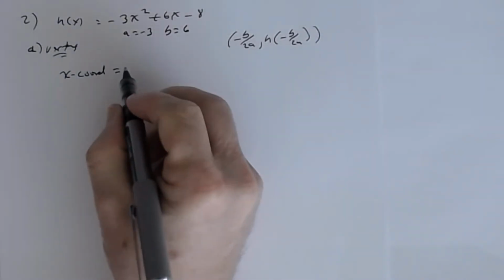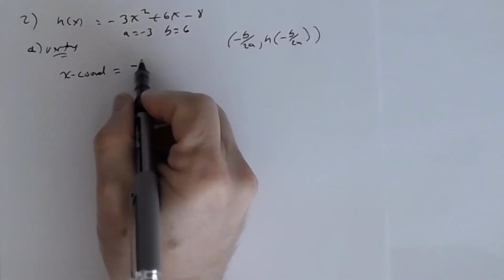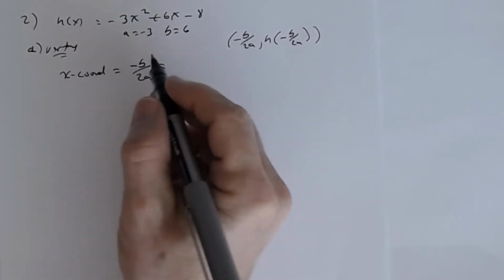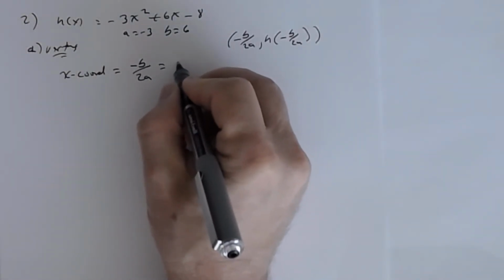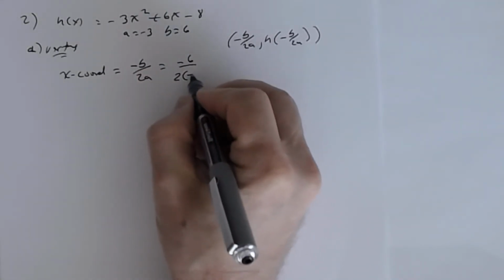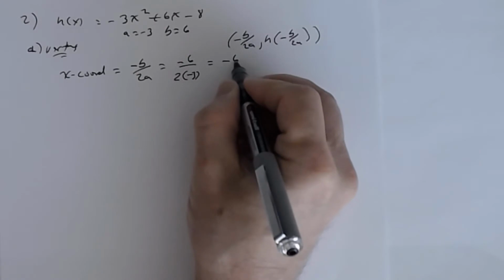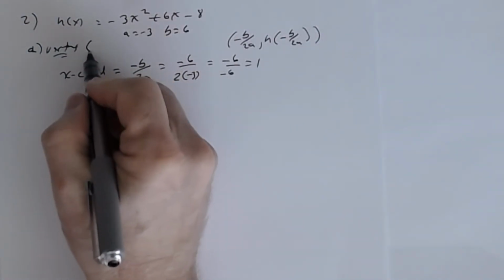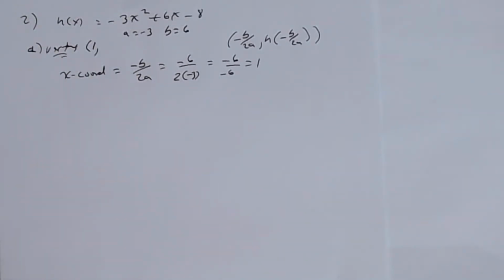So the x-coordinate becomes negative b divided by 2a. The opposite of b, so b is 6, the opposite of 6 is -6, divided by 2 times a. A is -3. So that becomes -6 divided by -6, which is 1. So the x-coordinate of the vertex is 1.